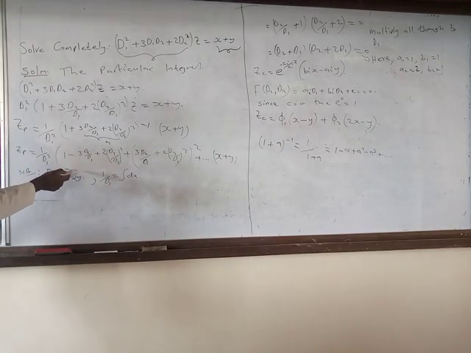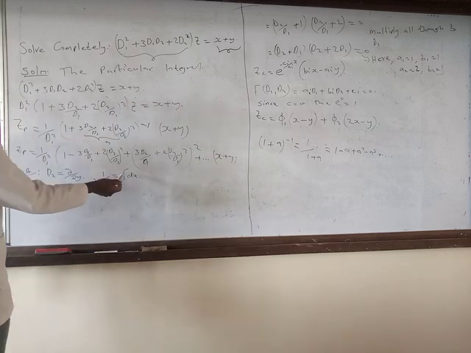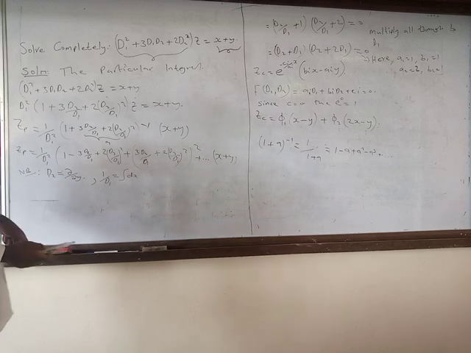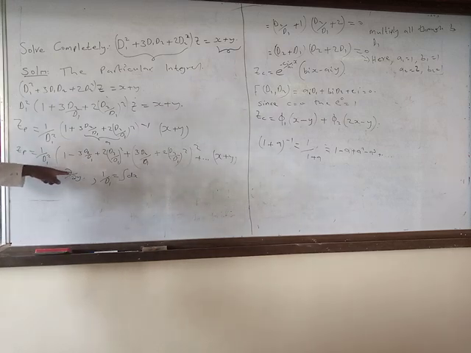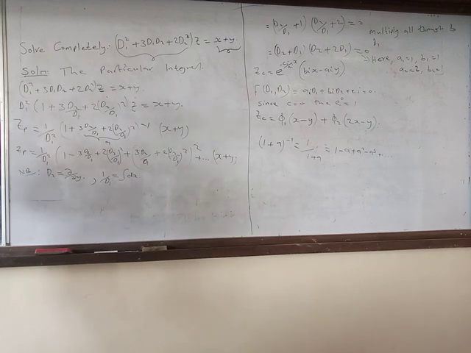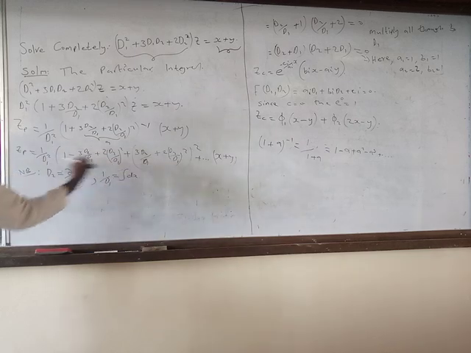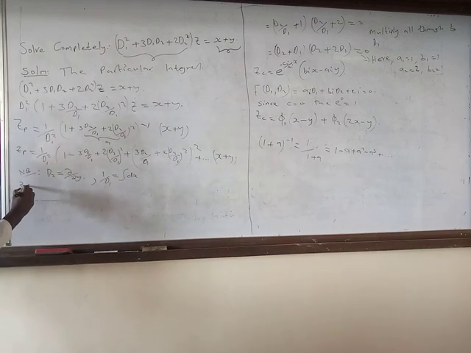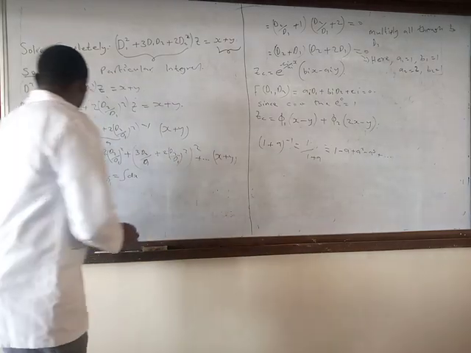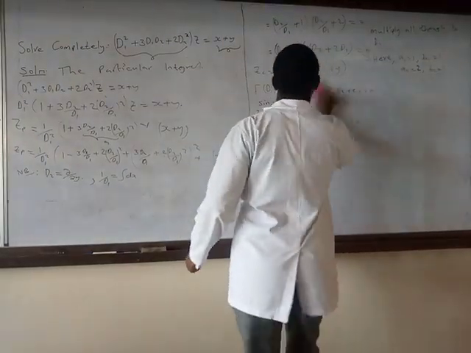We don't have the dependent variable here, so with respect to x. So 1 over D1 is integrating with respect to x, and D2 is just differentiation with respect to y. Now we can proceed. So our zp, we can write it here.